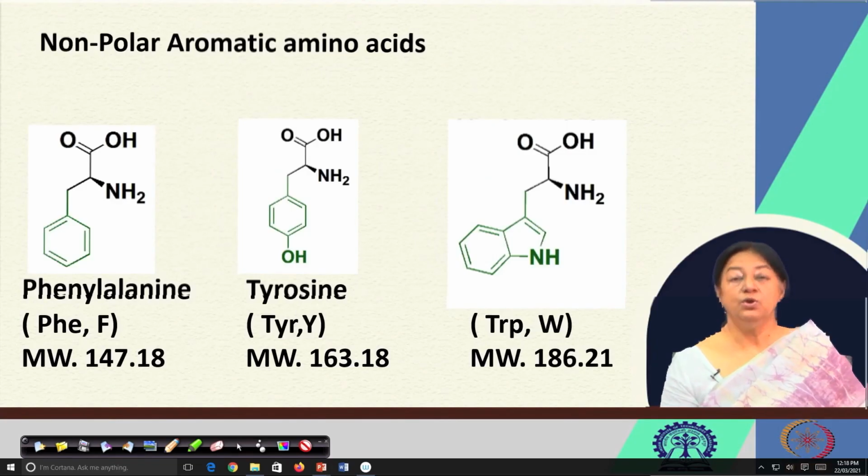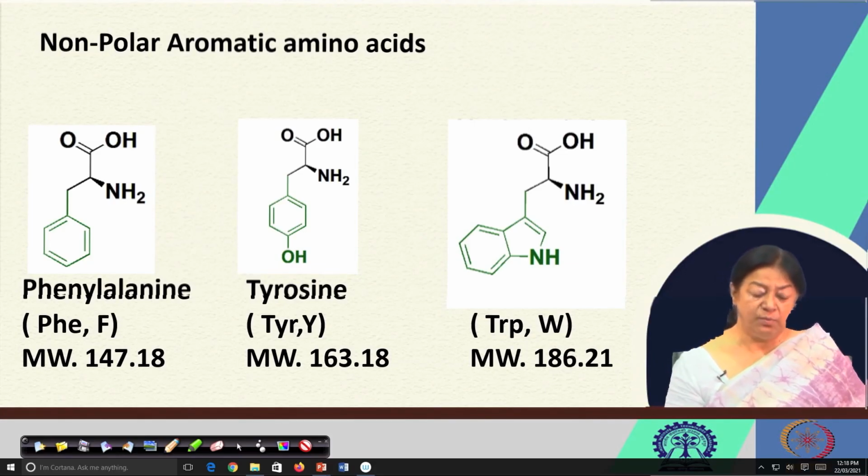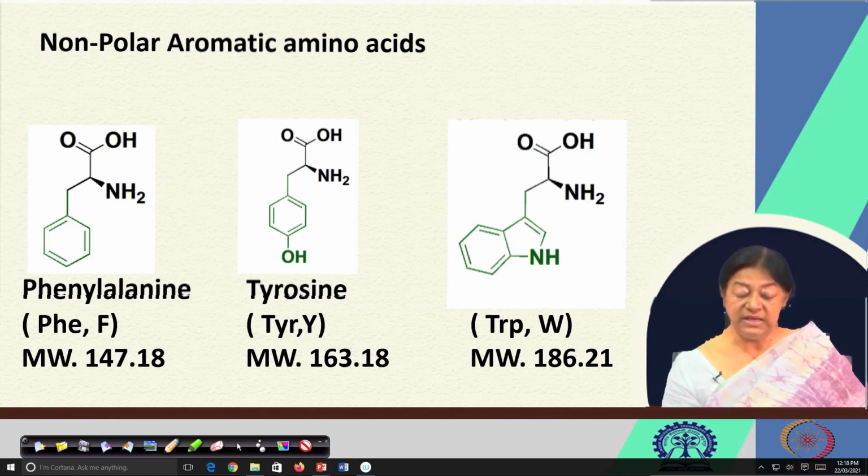Now, when we look at the non-polar aromatic amino acids, we see that we have aromatic moieties, we have phenylalanine, we have tyrosine, we have tryptophan, and we will see how these amino acids contribute to a very important spectroscopic property of proteins.